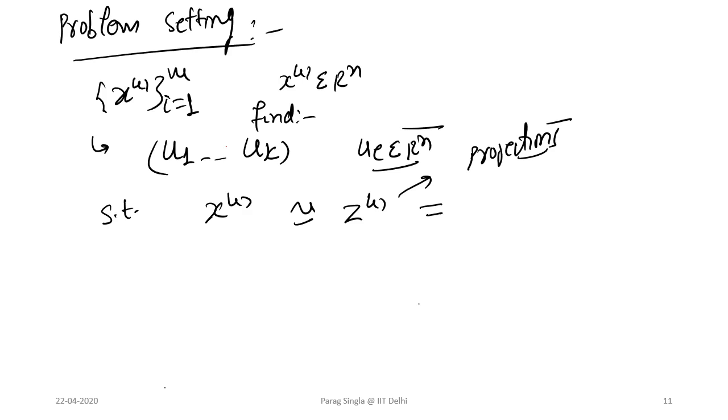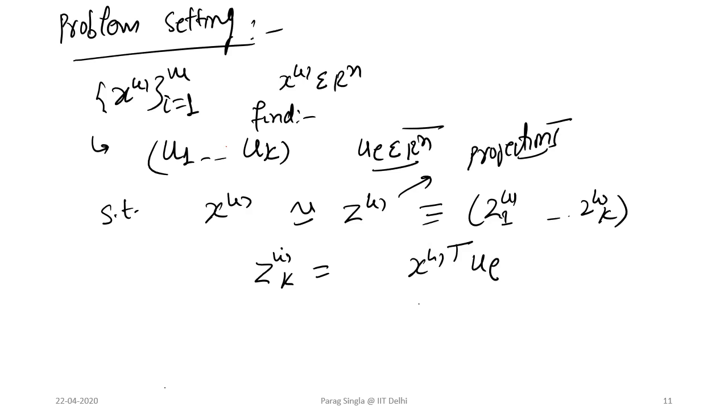Therefore zi can be written in terms of its components zi1 to zik, where zil is the projection of the point xi on the ul dimension. So zil is the coefficient of the projection of xi onto the dimension ul.